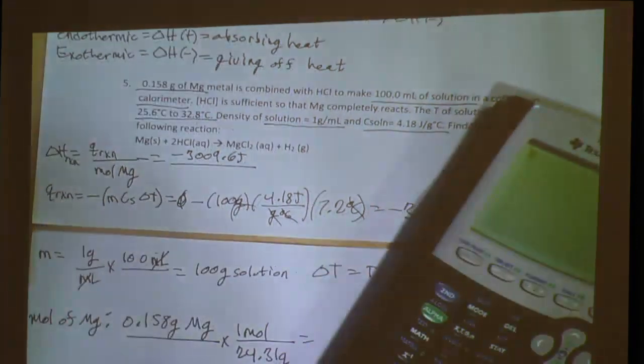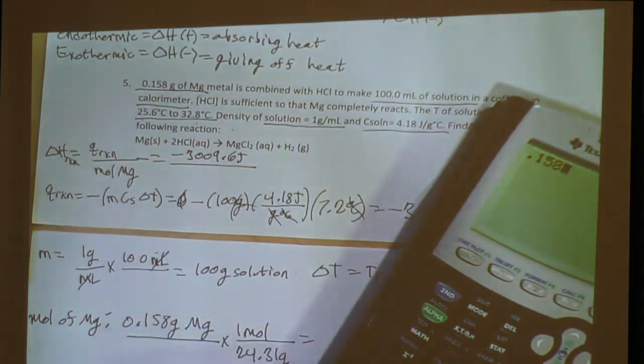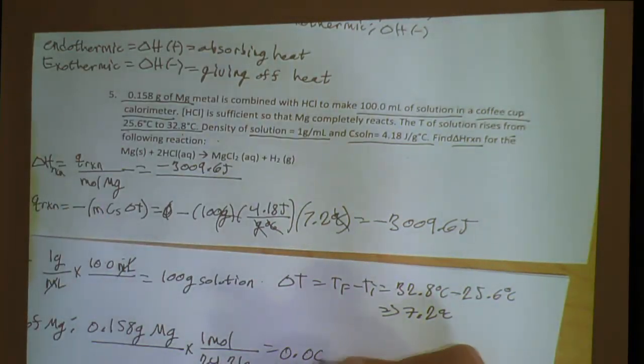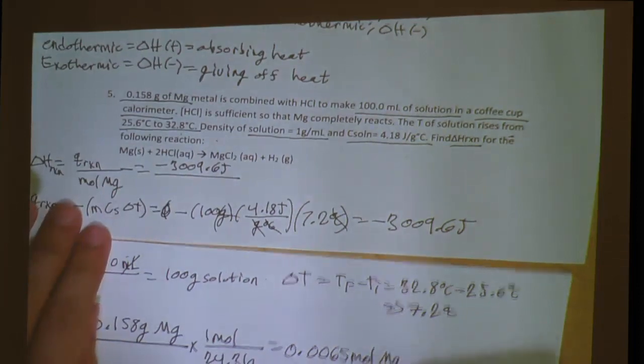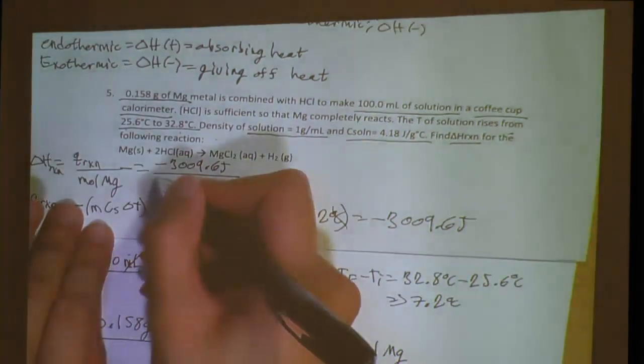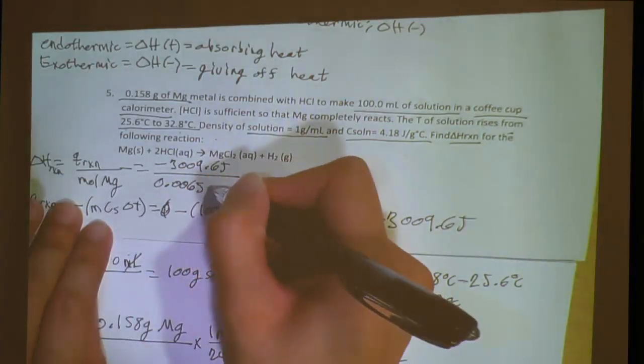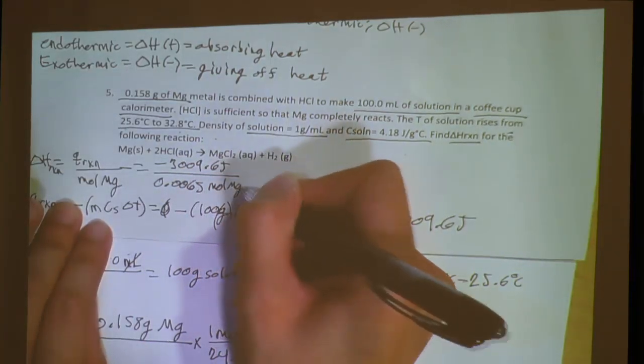That's going to be equal to 0.158 divided by 24.31, which is 0.0065 moles of magnesium. So now we could go ahead and plug that in. 0.0065 moles of magnesium.